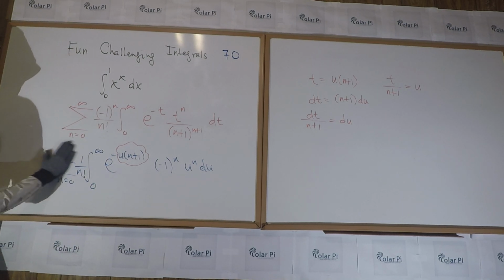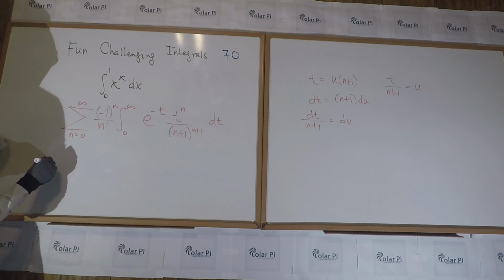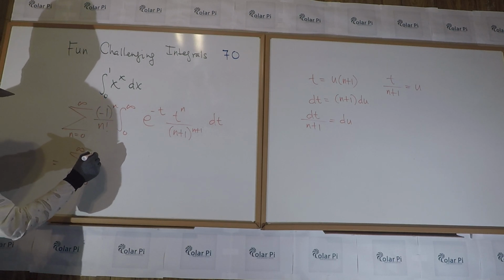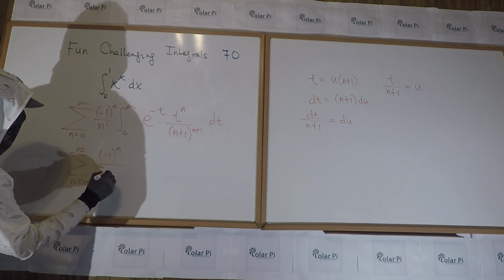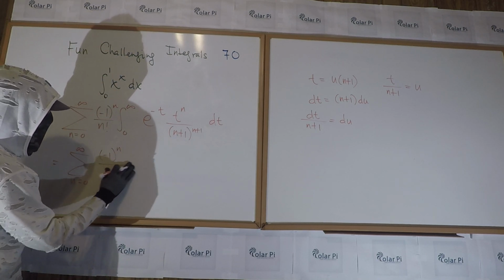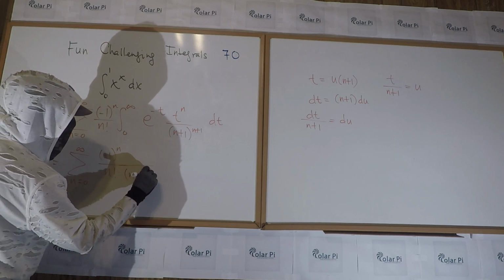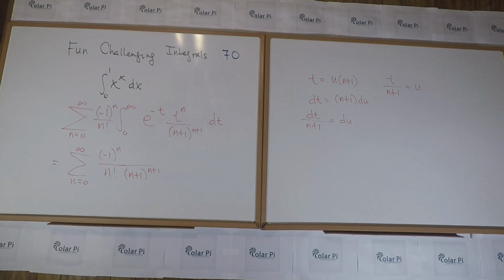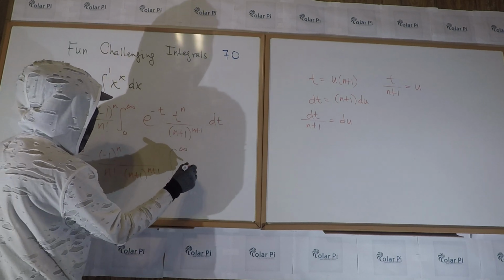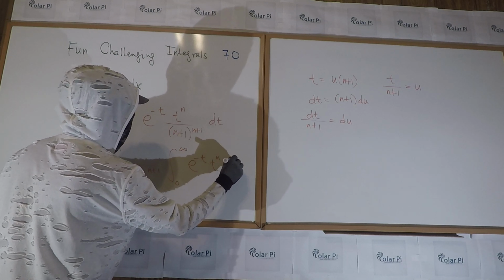So now what we have is the same as the sum from n equals 0 to infinity of negative 1 to the n over n factorial, and then n plus 1 to the n plus 1 power, and then the integral from 0 to infinity of e to the minus t t to the n dt.